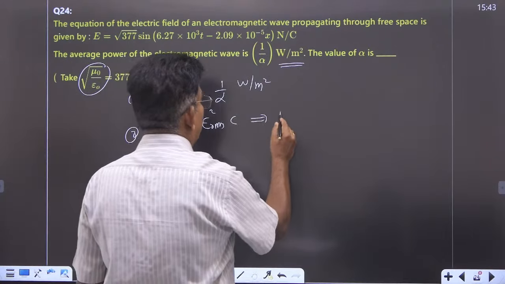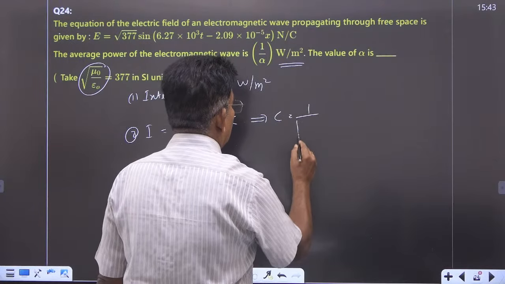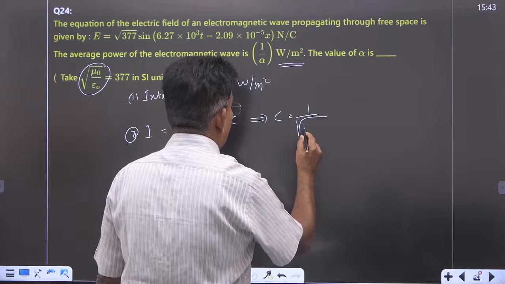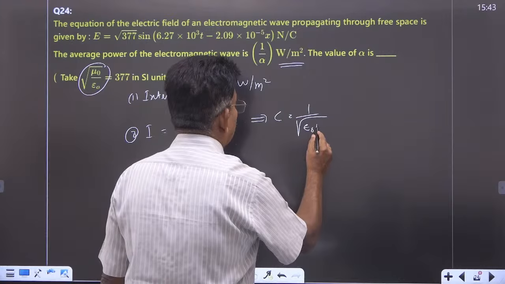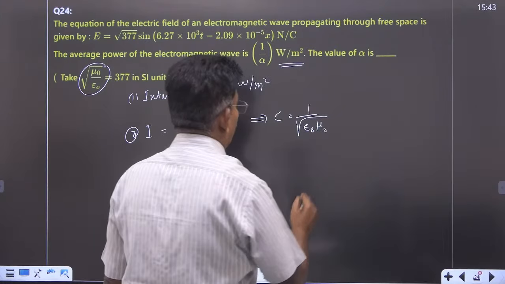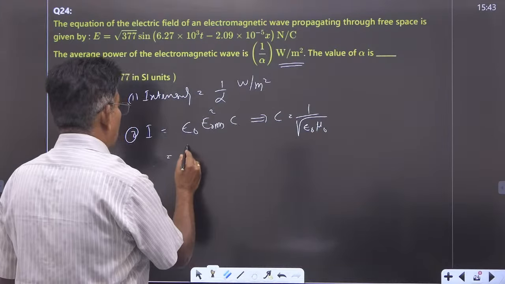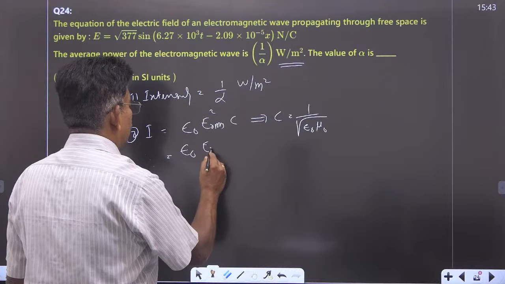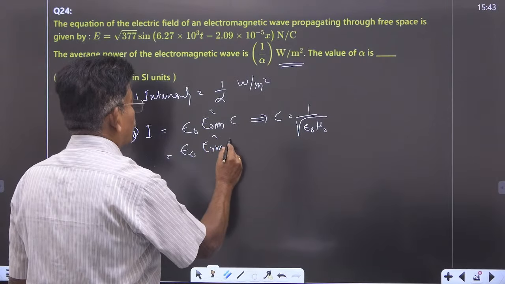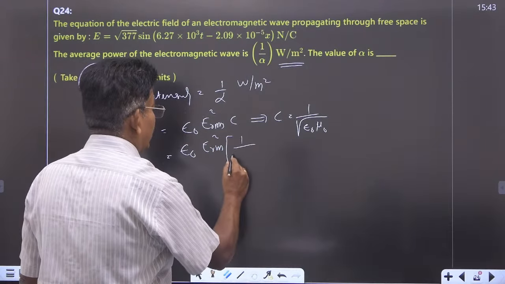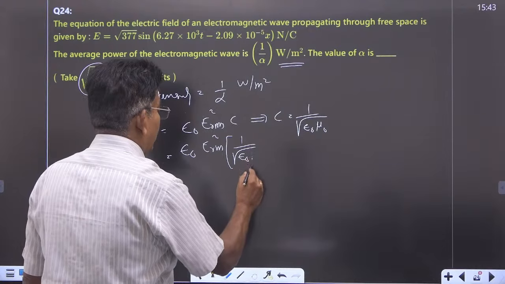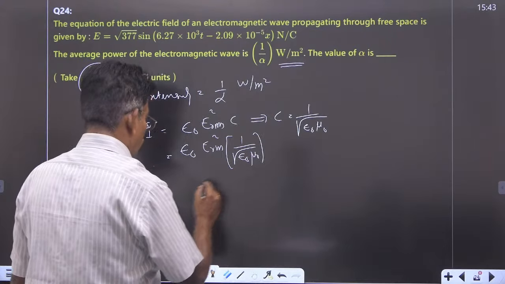How are we going to make use of C is equal to 1 by root of epsilon 0 mu 0? You know that? So when I substitute here, I get epsilon 0 E RMS squared, and instead of C, what can I write? 1 by root of epsilon 0 mu 0.